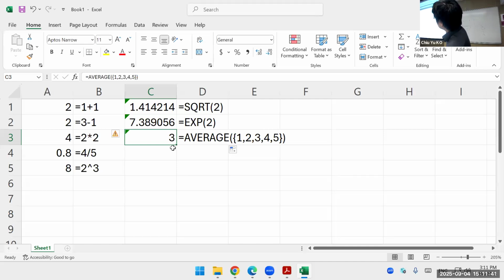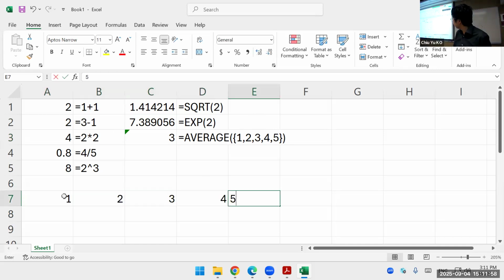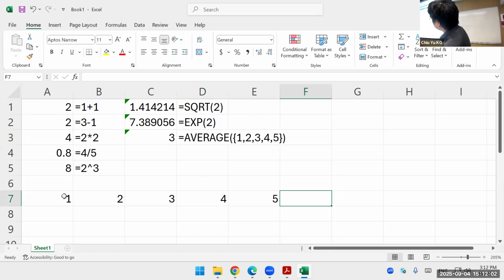So how do we combine them? Instead of giving a number there, you can give what we call a cell reference. Suppose the data is 1, 2, 3, 4, 5, populated over A7 up to E7.